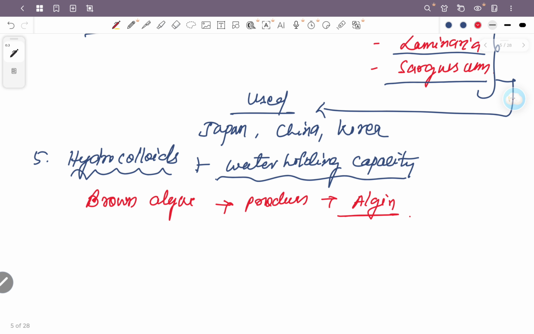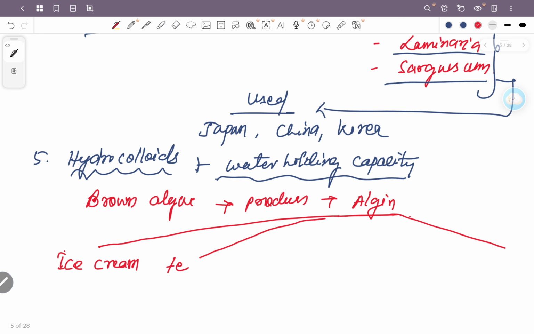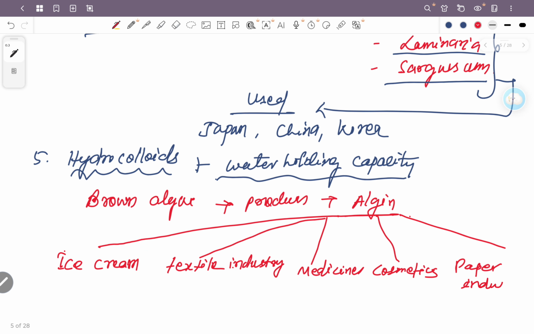It is produced by the brown algae, and this algin is used for various purposes, like preparation of ice cream, okay, and in textile industries, as medicines, as cosmetics, and also in paper industries.